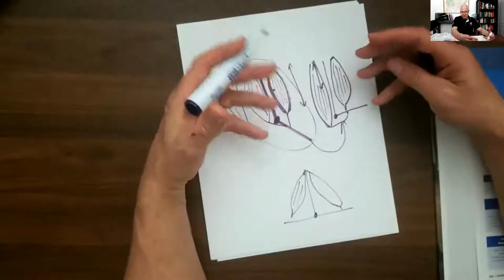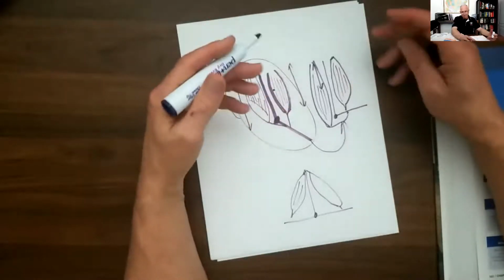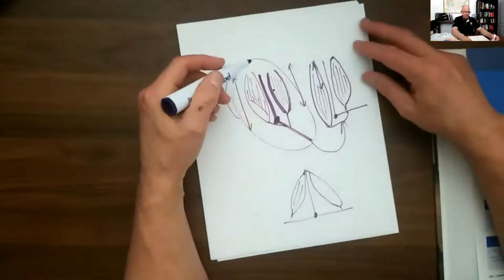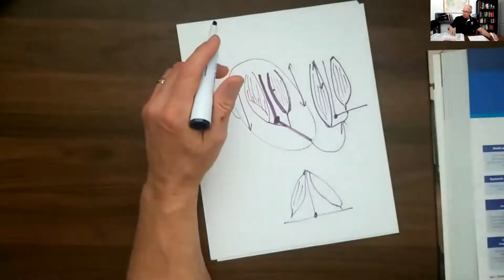It's changed, it's less efficient than it should be. And that's the scenario that we're basically looking at.